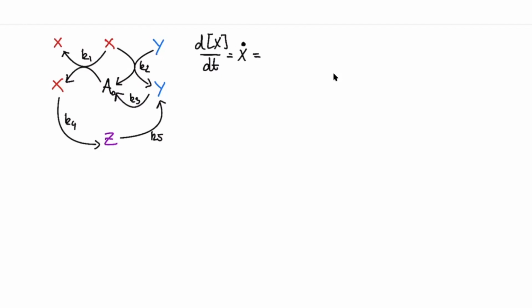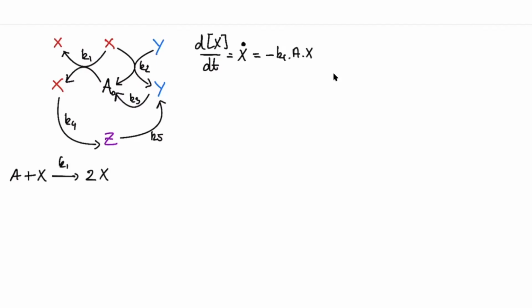We have x and A reacting to give 2x. If I write these reactions out in a simpler way, A plus x gives 2x. Maybe it's simpler to see like that. So with k1, let's look at the rates, what that does. I will have the disappearance of x, so minus k1 times A times x.